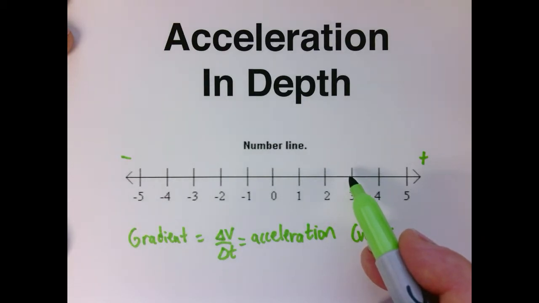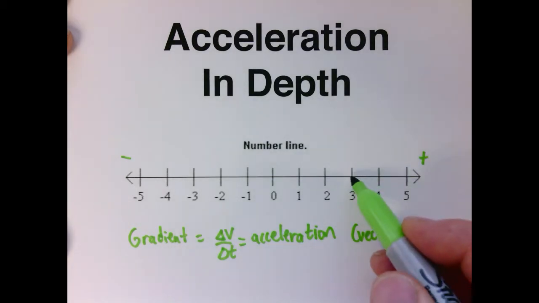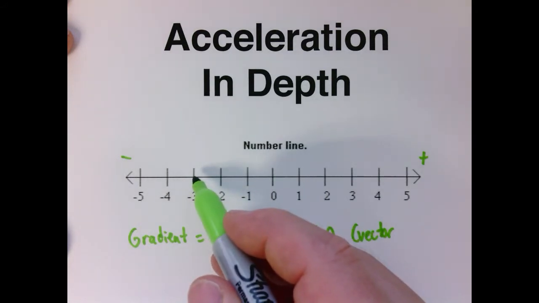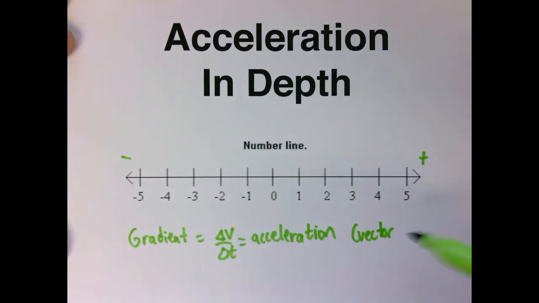It also means that the velocity will be positive because it's the direction that the displacement is changing. Conversely, if we move from here to here, the displacement would be negative because we're changing in a negative direction, and our velocity would be negative. So the question becomes, what does a positive acceleration or a negative acceleration mean?